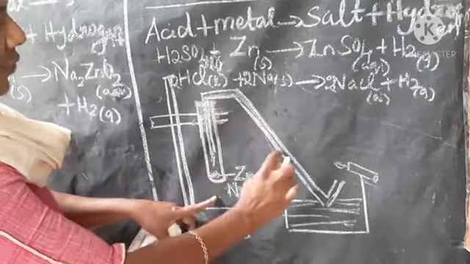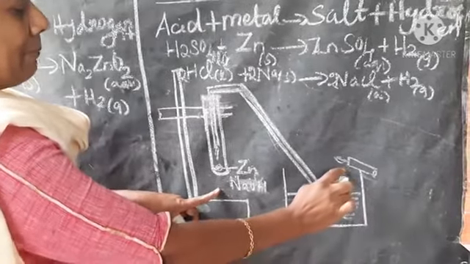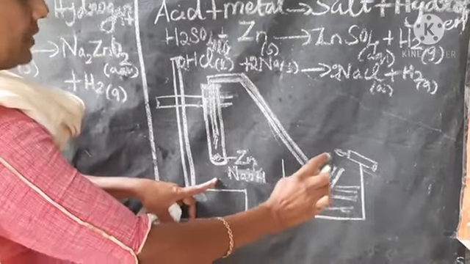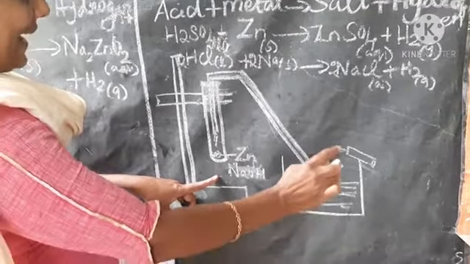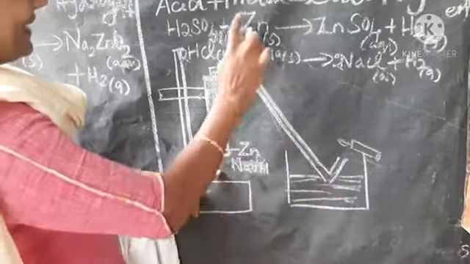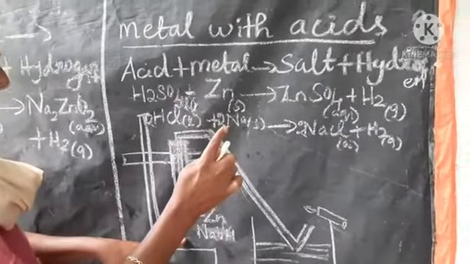Hydrogen gas evolves and passes through the delivery tube. When it is tested with a burning candle, it makes a pop sound. It proves that hydrogen gas evolves when metal is treated with acid and base.